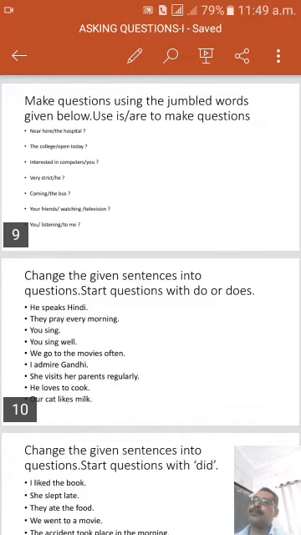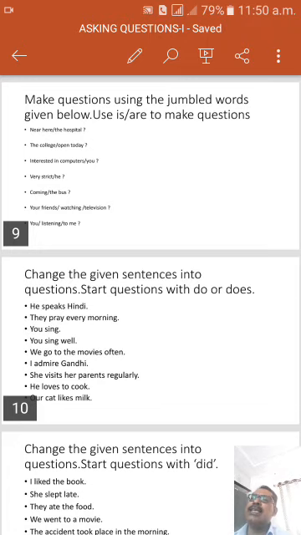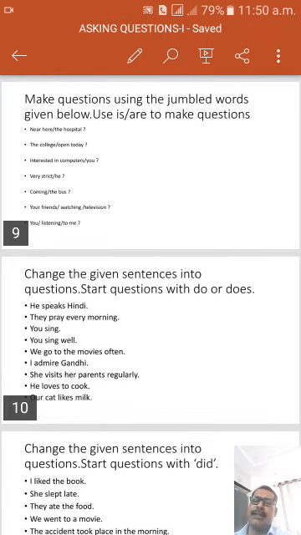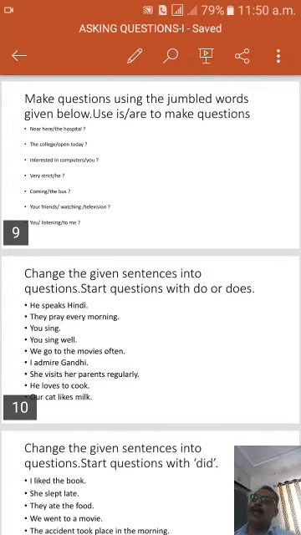He speaks Hindi. Does he speak Hindi? V1. They play every morning. Do they play every morning? You sing. Do you sing? You sing well. Do you sing well? We go to the movies often.